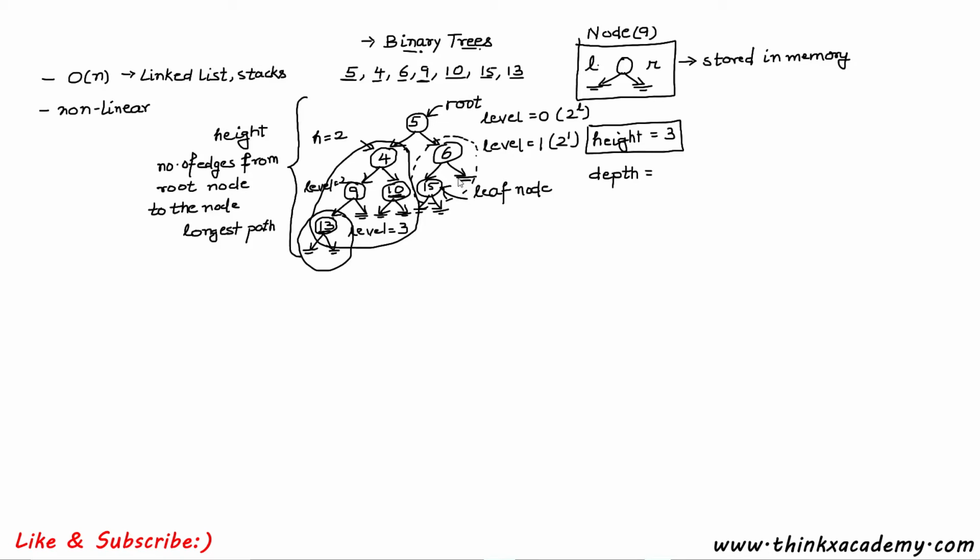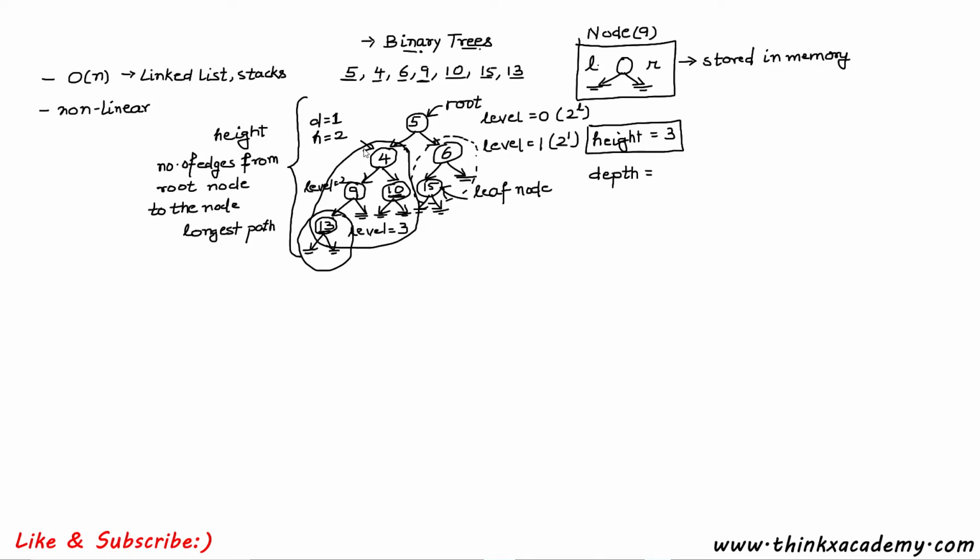Let's say I want to calculate the depth of 4. From the root node to 4, we have only one edge. So the depth of node 4 is going to be 1, which is the number of edges from the root node to the node we wish to calculate the depth for.